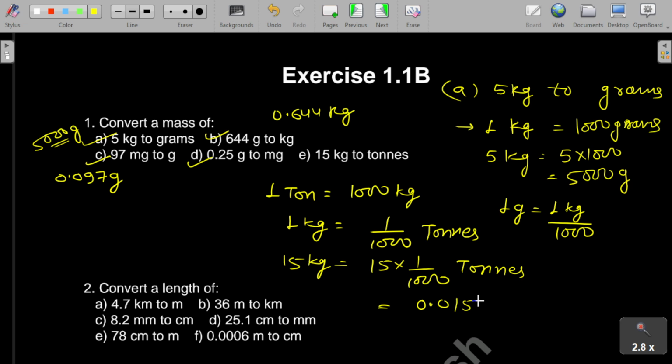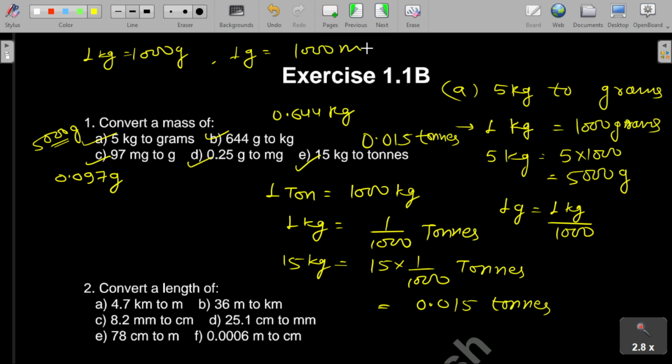I hope you understand how we convert all these questions from kg to grams, from gram to milligrams. You have to remember that 1 kg equal to 1000 grams and 1 gram equal to 1000 milligram and 1 ton equal to 1000 kg.